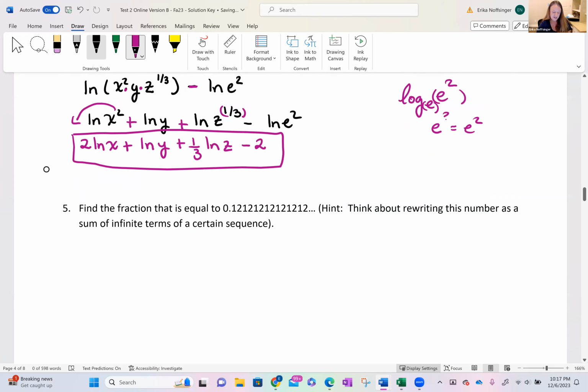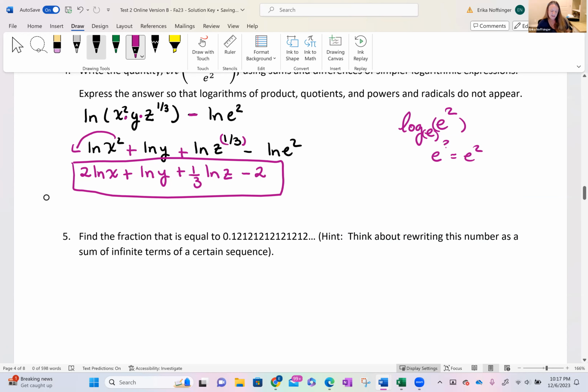The next question says, find the fraction that is equal to 0.1212121212. My hint to you guys, and I saw that some students did this in a different way, but because we were doing sequences and series, I'm going to do it the way that my hint told us. The hint says, think about rewriting this number as a sum of finite terms of a certain sequence.